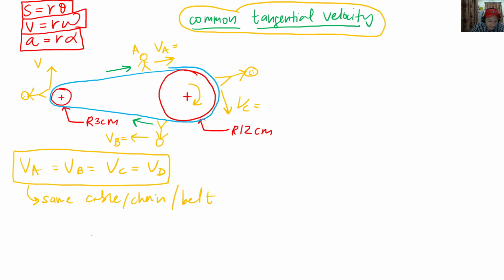Same thing if you're on a gear, similar things happen. You also share common tangential velocity wherever you are. Why is that so? If this gear rotates like this, the other gear will rotate the opposite way. Over here, they share common velocity because the gears are synchronous.